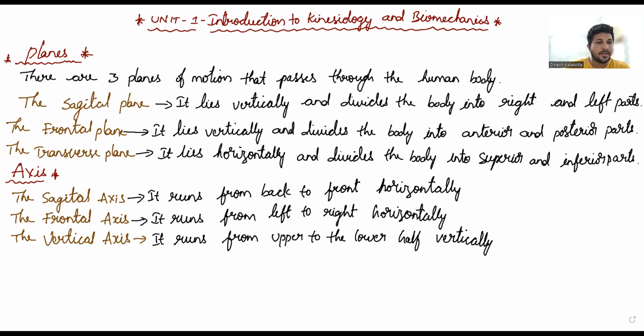Right. So there are three planes. The sagittal plane, the frontal plane, and the transverse plane. Remember the name, the sagittal plane. It lies vertically. So whenever the word vertically comes, I'll just write on here.